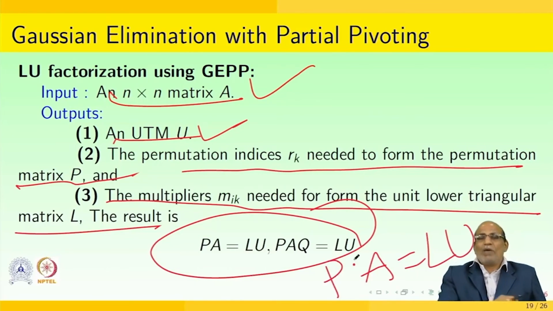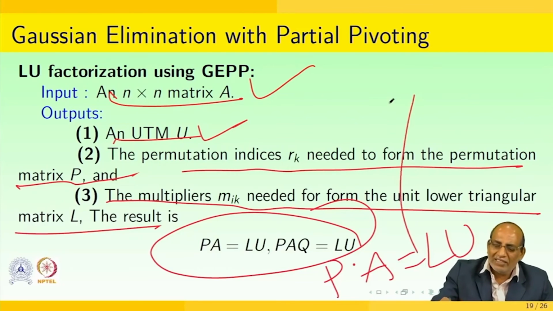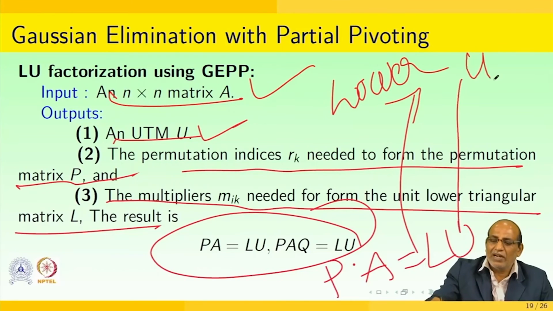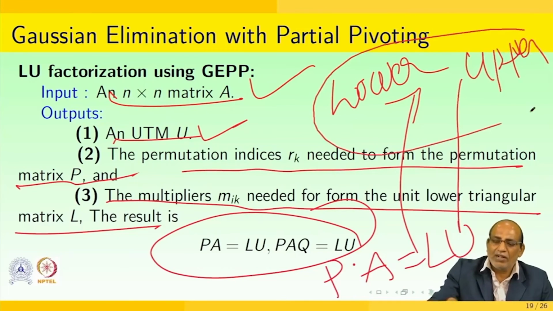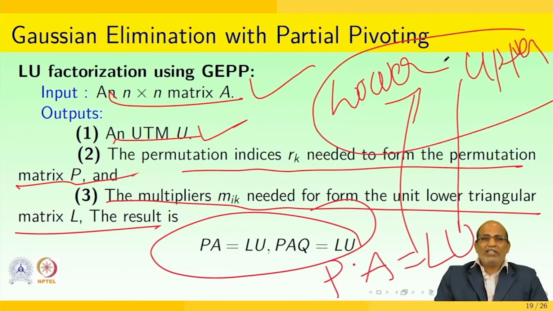We use a series of permutation matrices P1, P2, P3, P4, etc., so that we can write PA equal to L into U, where L is the lower triangular matrix and U is the upper triangular matrix. Therefore, LU factorization with Gaussian elimination is very useful in finding the solution to a system of equations.